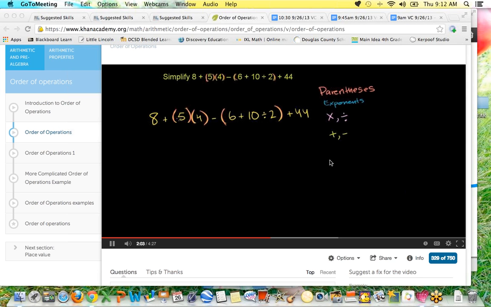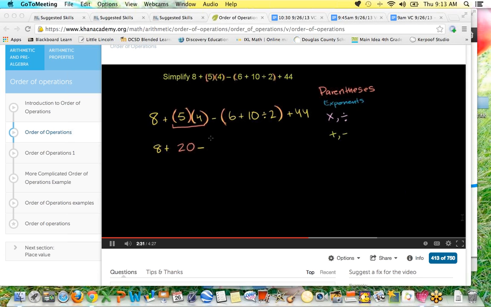Inside the parentheses it's already evaluated, so we could really just view this as 5 times 4. If you evaluate this parentheses, you literally just get 5. And then you evaluate that parentheses, you literally just get 4, and then they're next to each other, so you multiply them. So 5 times 4 is 20.